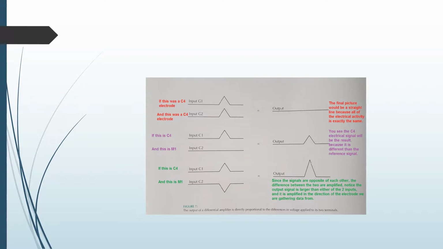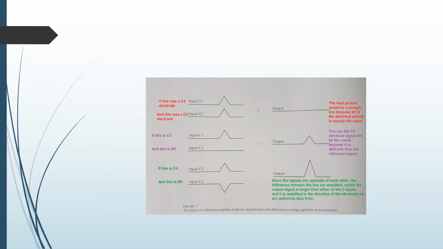Now look what its output is going to be. So everything that's the same between the 2 is going to be canceled out, but we're going to see that deflection, that negative deflection. Negative means it goes up above baseline, exactly like that of C4. So you can see the C4 electrical signal is the result because that is what's different when it is compared to the reference signal.